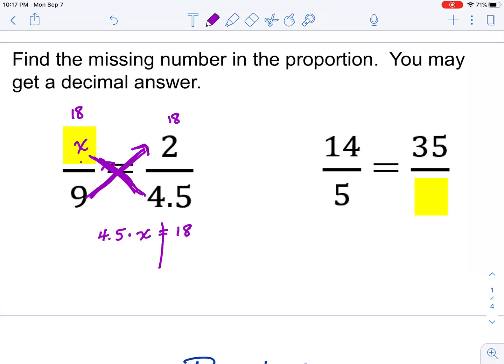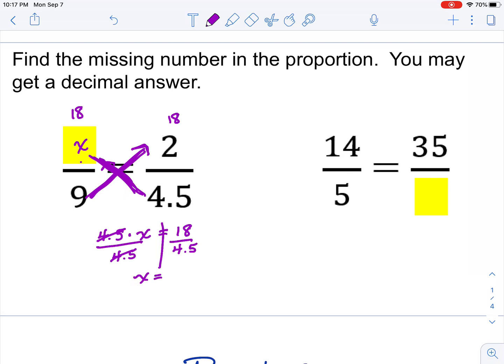I want to get that X by itself. So instead of multiplying by 4.5, we're going to divide by 4.5. Whatever I do to one side, I have to do to the other. So these two will cancel out, leave me with X. And then over here, on the other side, I'm going to do my math, and so I'm going to grab my calculator.